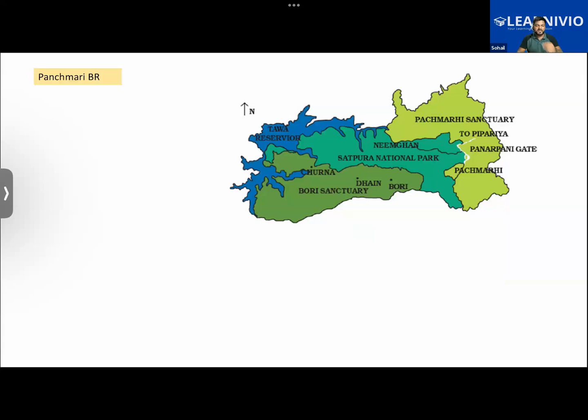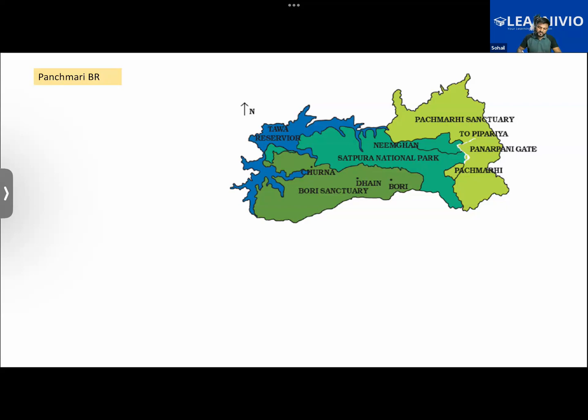The plants and animals found in this reserve are kind of similar to those found in the upper Himalayan peaks. They are known to be found in the upper peaks of the Himalayas. Also, such plants and animals are known to be found in the Western Ghats also.